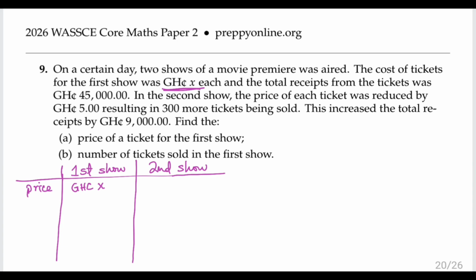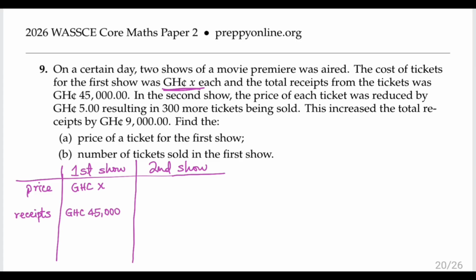And it says that the total receipts was 45,000. So let me say receipts. I just removed the total, but it's implied. So we got a total of 45,000 GHC.